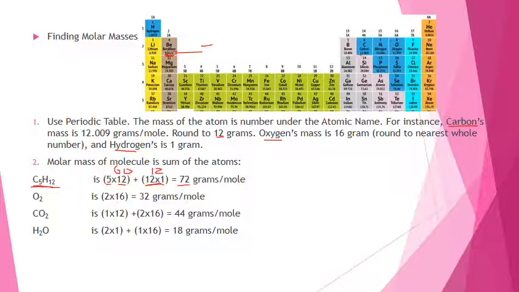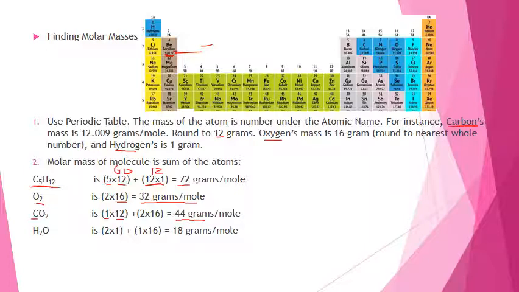For oxygen, each oxygen weighs 16, and you have 2 of them, so it's going to be 2 times 16, or 32 grams per mole. Carbon dioxide, 1 carbon, 2 oxygen, so 1 times 12 is 12, and 2 oxygen, 2 times 16 is 32. 12 plus 32 is 44.